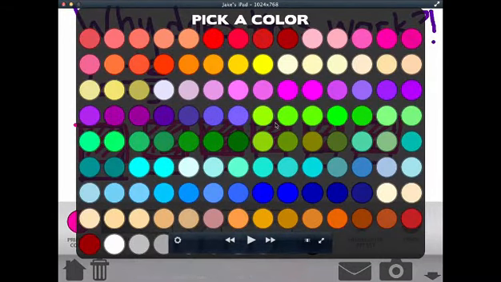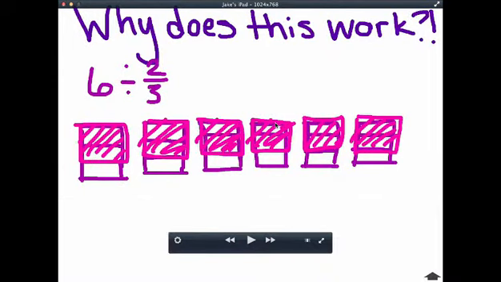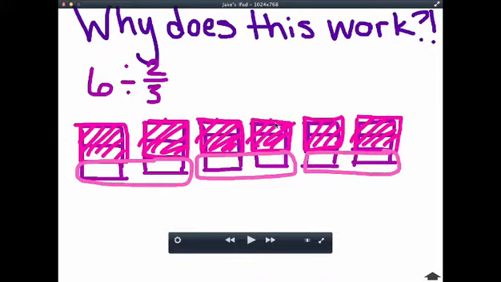And I'm going to switch colors just slightly so that we can tell the difference between our 2's above and our 2's below. So here is a group of 2. Here's a group of 2. And here's a group of 2. Now this one came out nice and even for us.